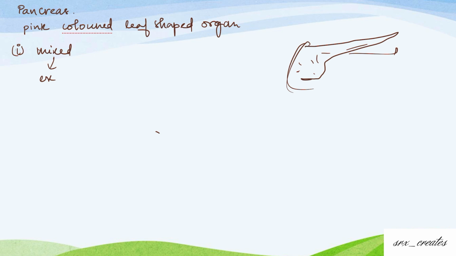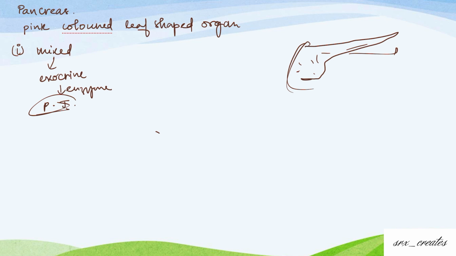Now this exocrine part, as I said, secretes enzymes. Pancreas is a mixed gland, and its exocrine part secretes digestive juice, called pancreatic juice. I'm not writing endocrine here because it is enzyme.